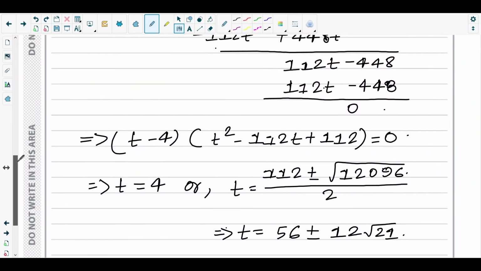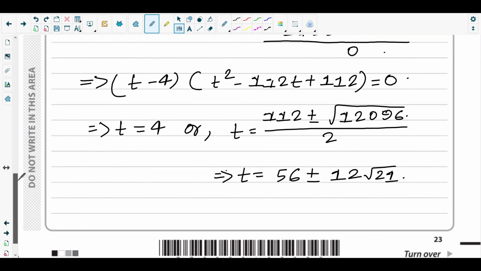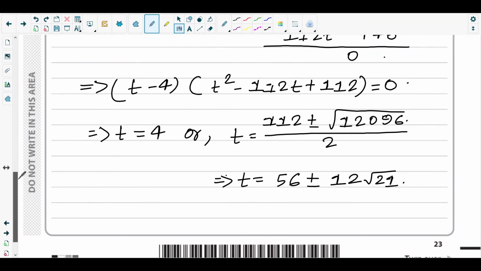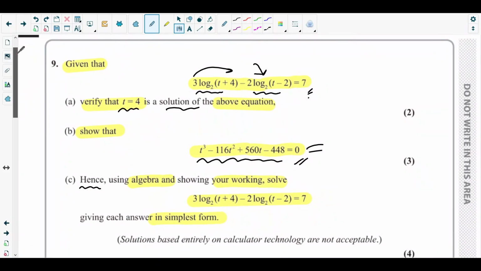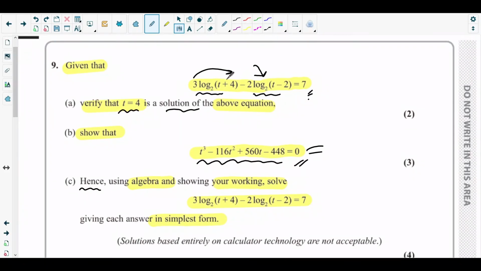Okay, now should we give all three values of t as the answer? No. We have to consider only the values of t which give a positive value within the bracket of log. These values of t will be the answer.